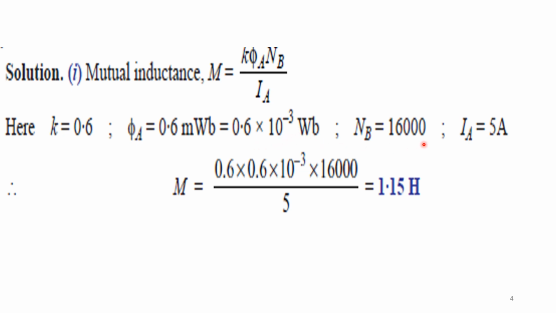The number of turns is given as 16,000 in coil B. The IA value is 5 amps. So in the formula we have substituted K phi A NB divided by IA. After simplification, the answer for mutual inductance is 1.15 Henry.